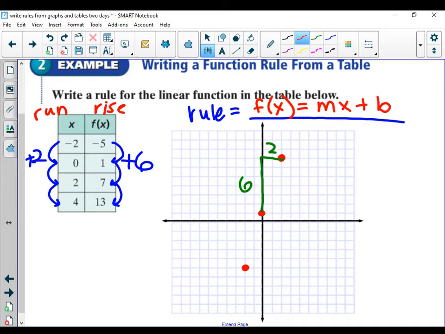Slope hops in. What slope? Exactly. 2 over 6. Rise 6, run 2. Before you write that, rise 6, run 2. You could call it just plain 3 or 3 over 1.